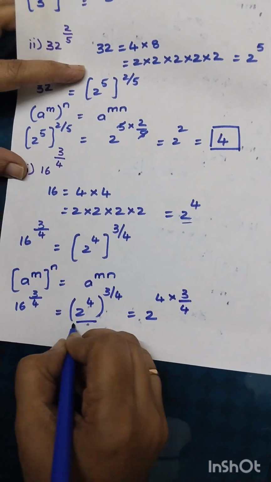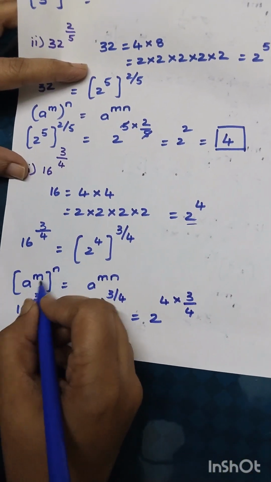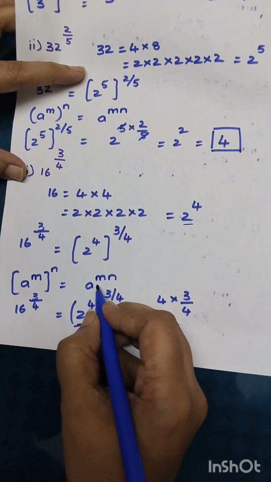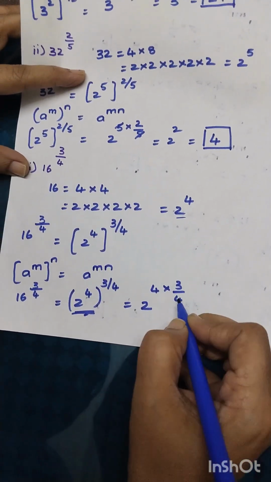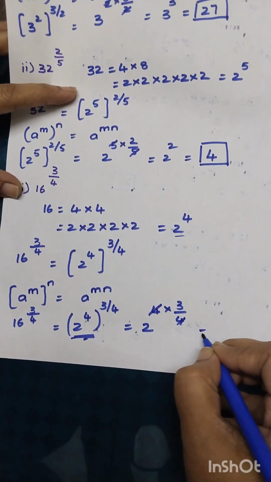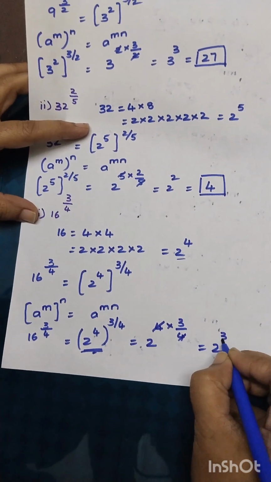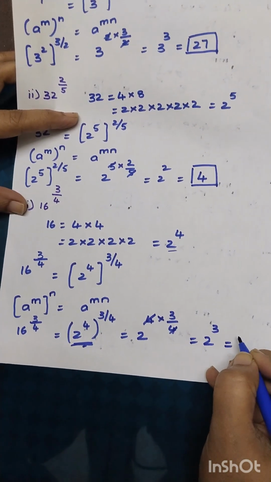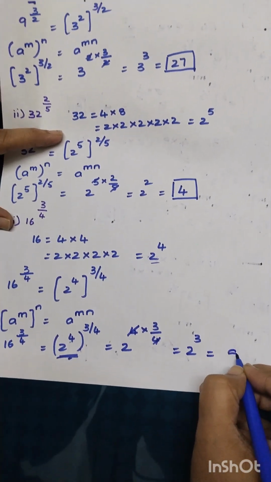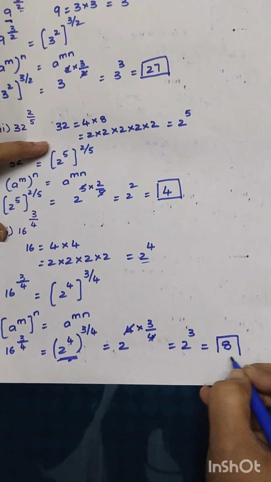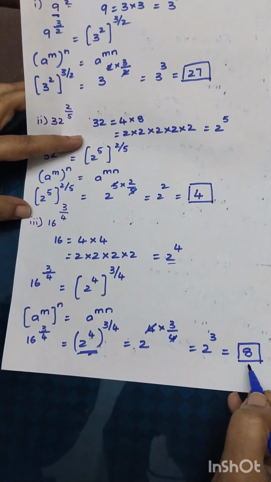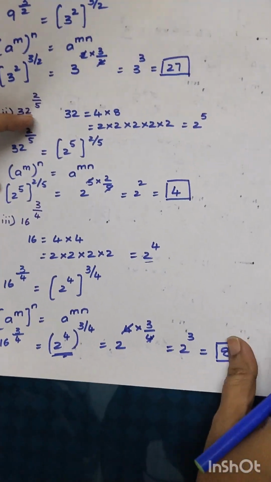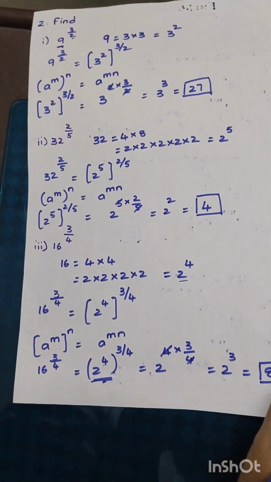This and this get cancelled, and this is 2 cube. That is 2 into 2 is 4. 4 into 2 is 8. So what is the answer for this? 8. So 16 power 3 by 4 gives 8. Okay. Now let's proceed to the next question.